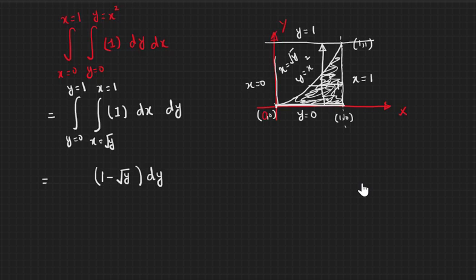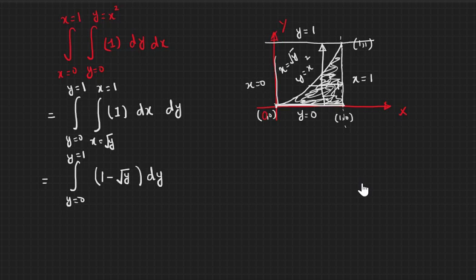And then this is y is equals to 0 to y is equals to 1. If you are not good at evaluating these integrals, you have to watch my previous videos. So I'm just skipping that procedure because we have already done it in previous videos.